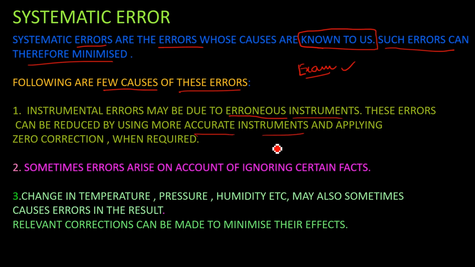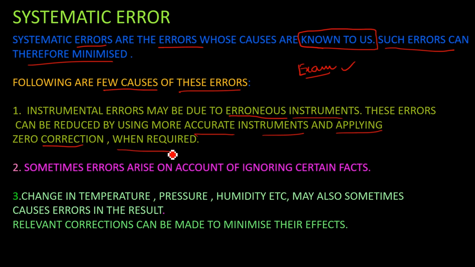Instead of using this one, we can replace it with the correctly designed one. If you take accurate instruments, then we can reduce or minimize these errors, even make it zero.